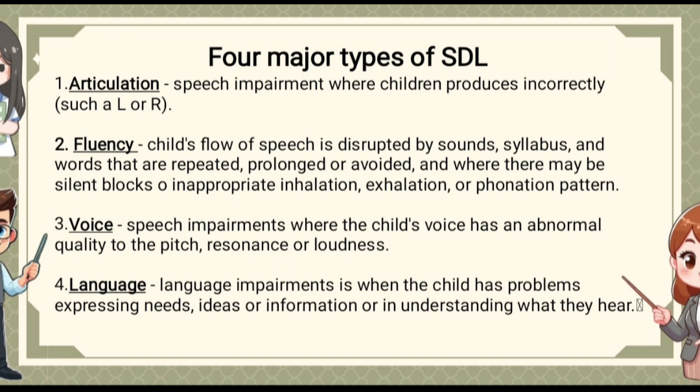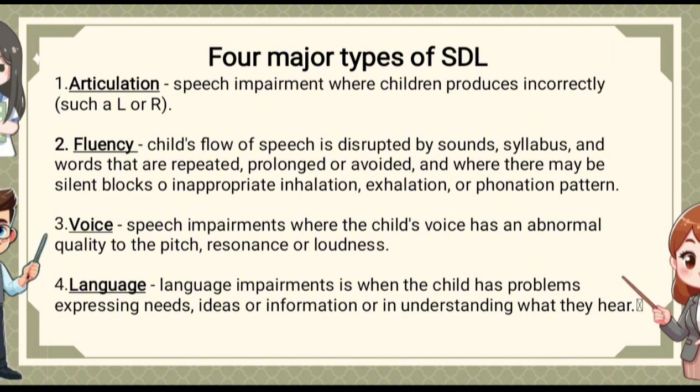Number two is fluency. It is when a child's flow of speech is disrupted by sounds, syllables, and words that are repeated, prolonged, or avoided, and where there may be silent gaps or inappropriate inhalation, exhalation, or intonation patterns.